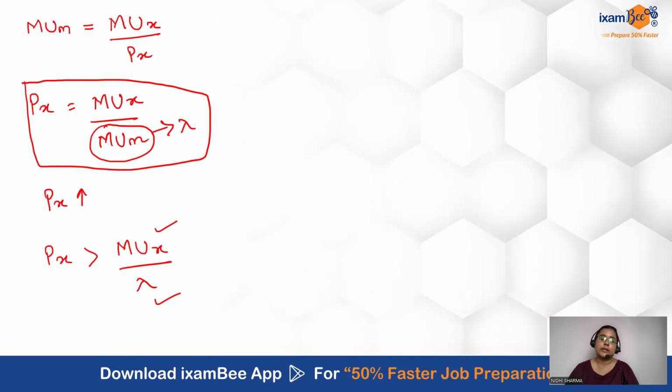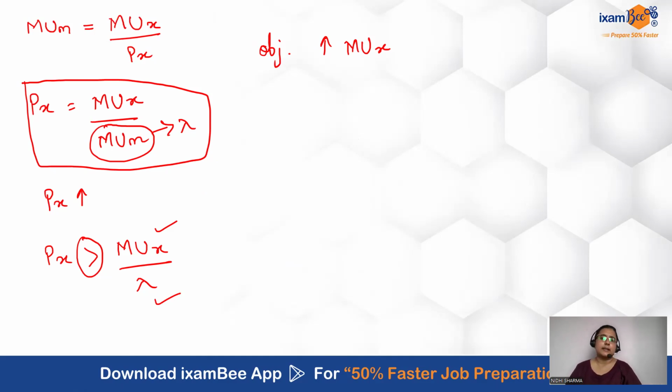The only instrument that we can vary is marginal utility of X. That means in order to bring an equality between the left hand side and the right hand side, I need to increase the marginal utility of X. So my objective is to increase MUX. Now the question arises, how can I increase the marginal utility of commodity X?